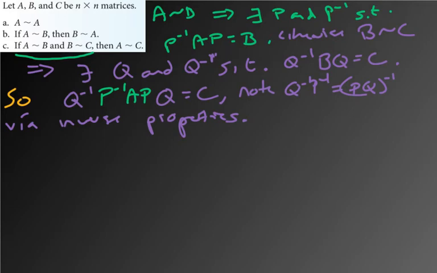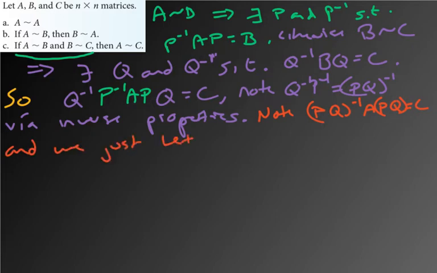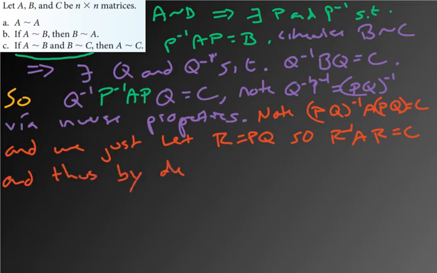And then we basically have it. Then we have PQ inverse A PQ equals C. And we just let R equal PQ. So R inverse AR equals C. And thus, by definition, A is similar to C, as we wanted to show.